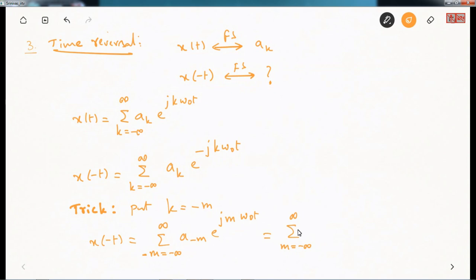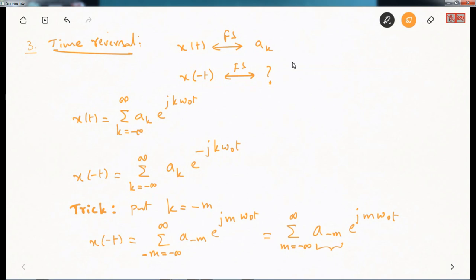So this is equal to the summation of a minus m e power jm omega naught t. Okay, now these are the Fourier series coefficients, right?